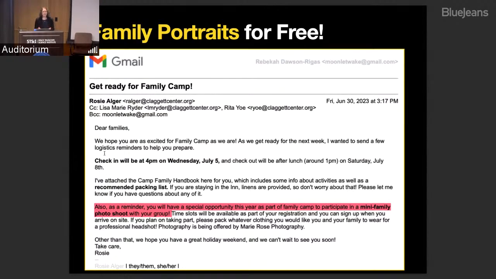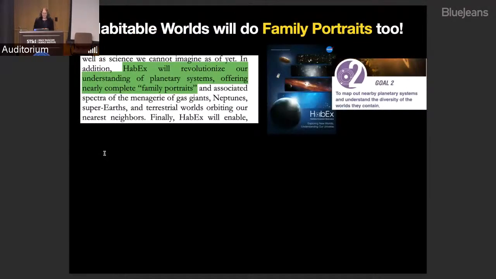And that's exactly what the SDDT report said as well. HabWorlds will revolutionize our understanding of planetary systems, offering nearly complete family portraits and associated spectra of the menagerie of gas giants, Neptunes, super-Earths, and terrestrial worlds.